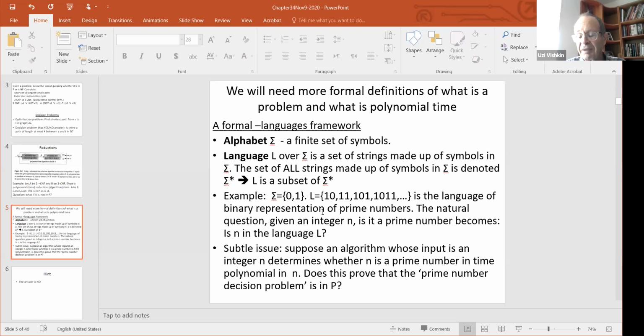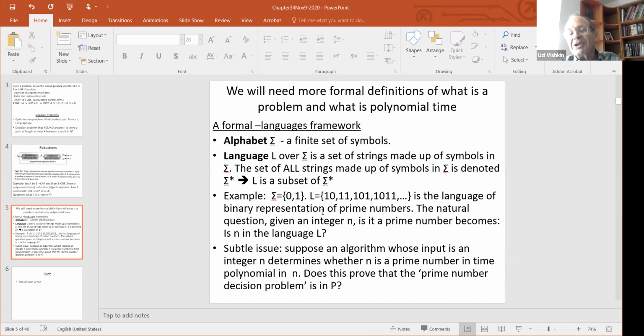Now, I'm not yet done with the problem. I'm giving you a problem n, and I ask you, is n a prime number or not? Now, in terms of languages, what I'm asking you is, is n a member of the language of prime numbers? So first, think about this problem in the way it's familiar to you.